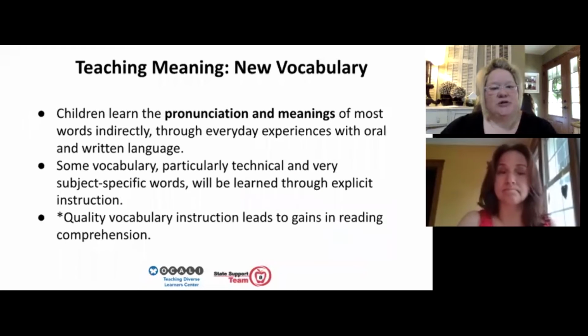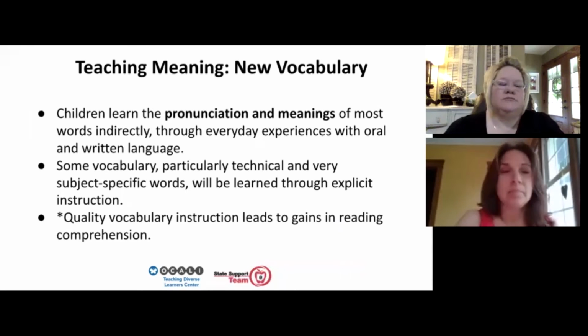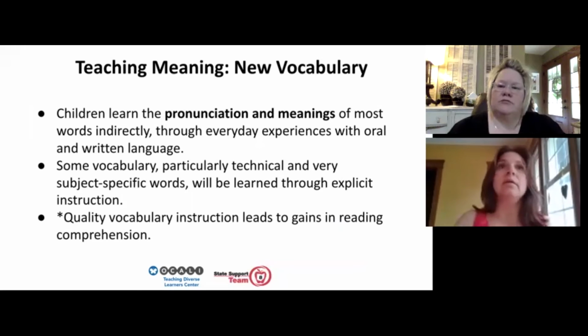So Tracy, do you want to share a little bit about vocabulary meaning and really focusing on the meaning of these new terms? Sure. Things to keep in mind with that is when children learn pronunciation and meanings of words, it's usually indirect. They learn that indirectly through their experiences in life.